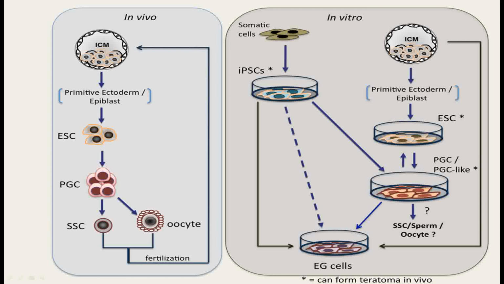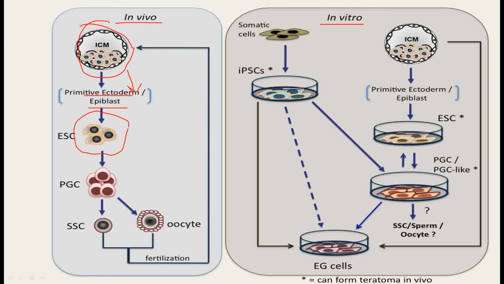If we talk about the culture of blastocyst in vivo and in vitro, you can see in vivo, that is inside the body, this is blastocyst. This blastocyst forms primitive ectoderm or epiblast, and further it forms embryonic stem cells.